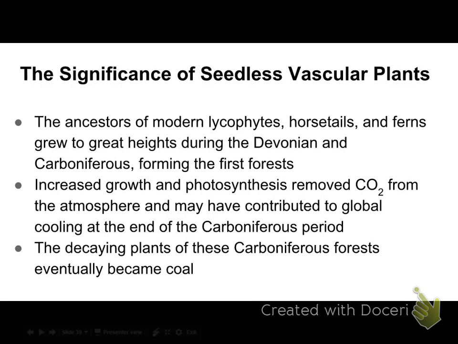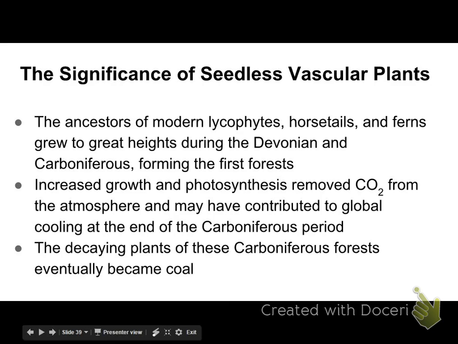And then the significance of the seedless vascular plants. The ancestors of modern lycophytes, horsetails, and ferns grew to great heights during the Devonian and Carboniferous periods, forming the first forests. Increased growth and photosynthesis removed CO2 from the atmosphere and may have contributed to the global cooling at the end of the Carboniferous period.